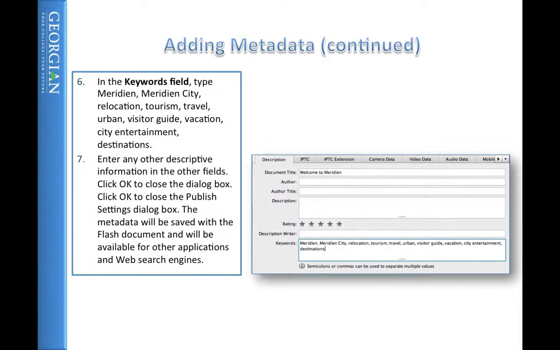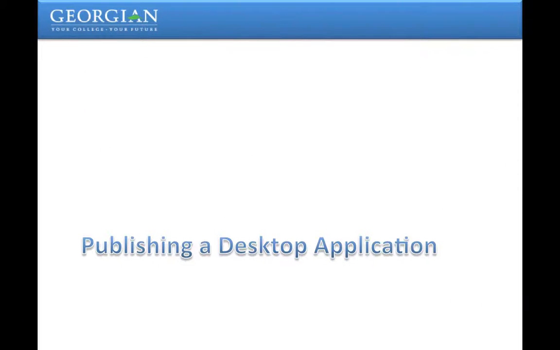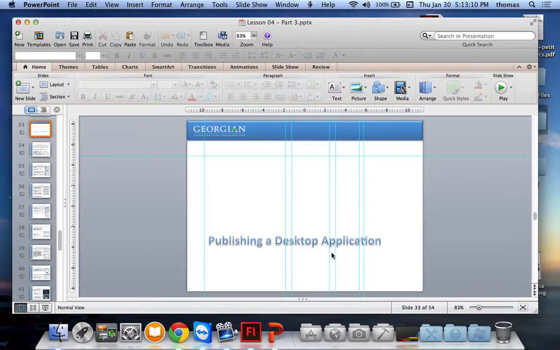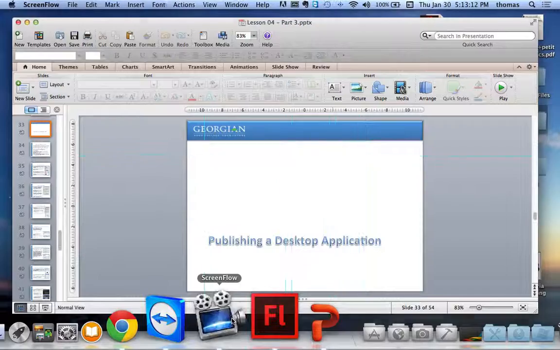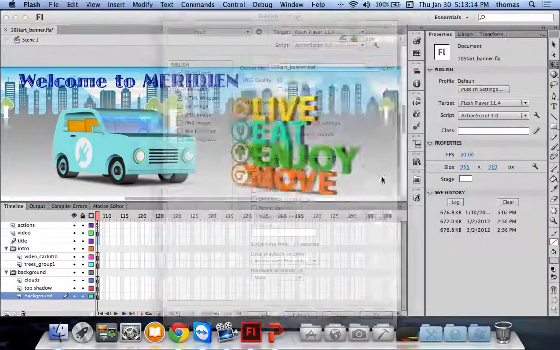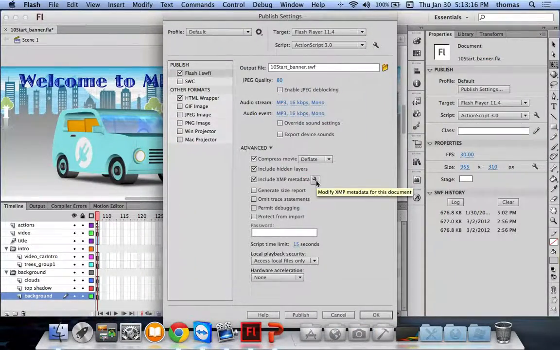Nowadays, browsers and Google itself largely ignore it, but there are some parts of the metadata, from a keywords perspective, that they take in, as long as it's not overly long. Okay, so you can take a look at that XMP metadata for yourself. I encourage you to do that. And again, when we go back to our Flash document, it's right here with a wrench under the Advanced section.